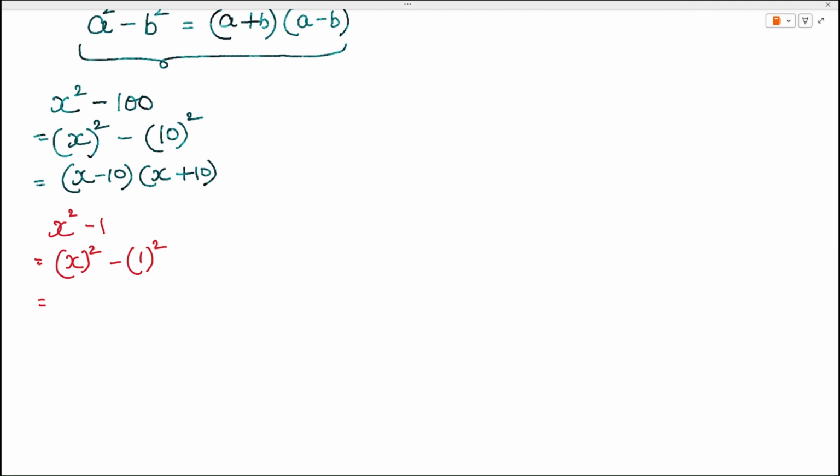Now this is a square minus b square, so we can factor it as x plus 1 multiplied by x minus 1. You can interchange the position of x plus 1 and x minus 1. That doesn't matter. Even if I had written it as x minus 1 times x plus 1, it would still be the same. Let us take another example.